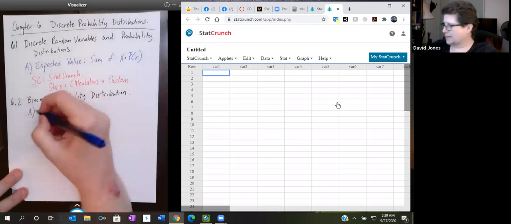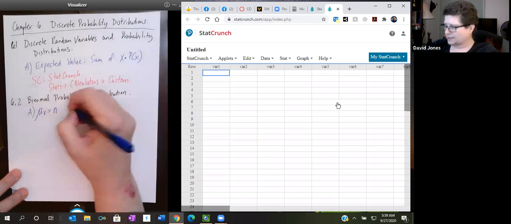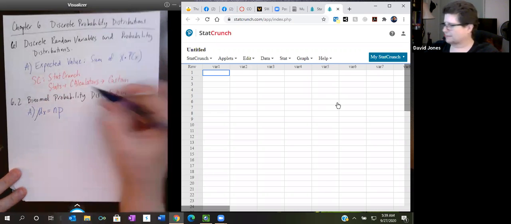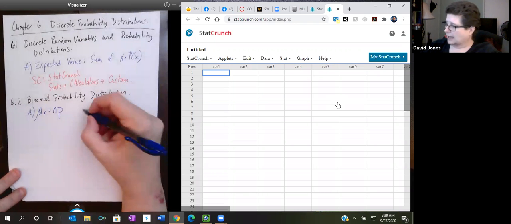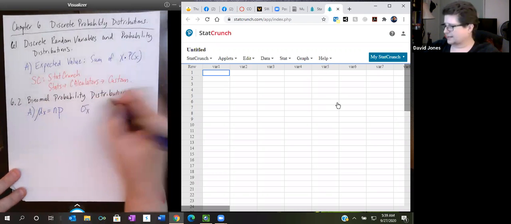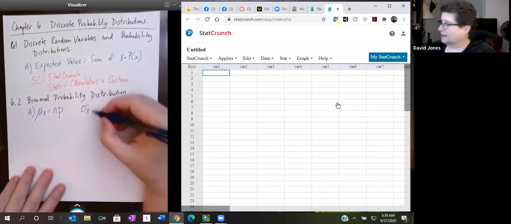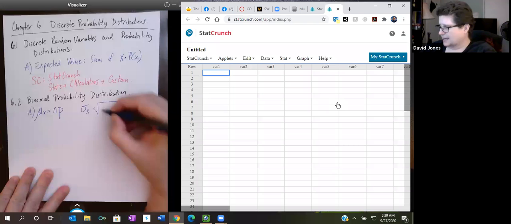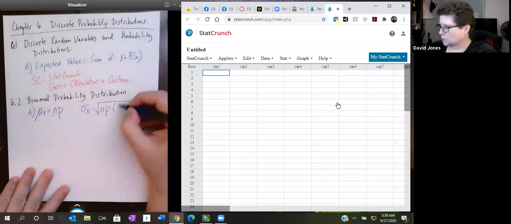First off, the mean is n, the number in the sample, times p, the probability. So the mean of the random variable is n times p. And the standard deviation of the random variable is the square root of n times p times 1 minus p.